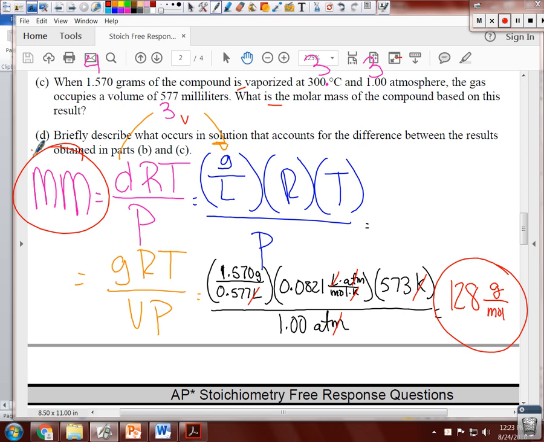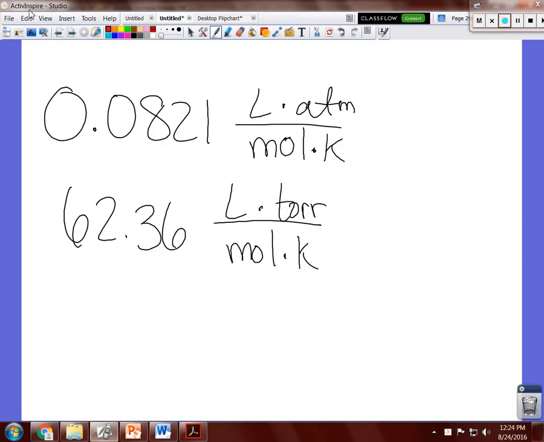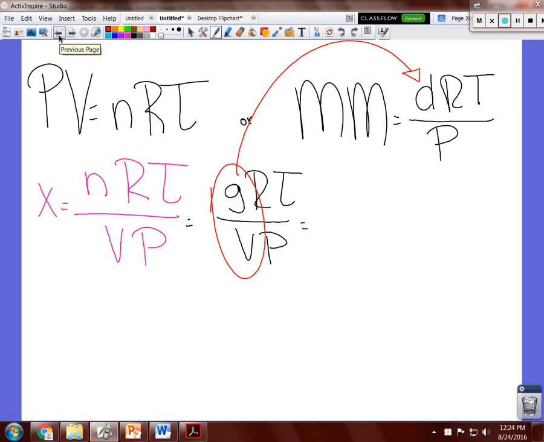What we did is we took PV equals nRT, we rearranged it and put n over V, and we took the moles and converted it back to grams. And grams over volume is grams per liter, which is density. Does that make sense? So did seeing this help?